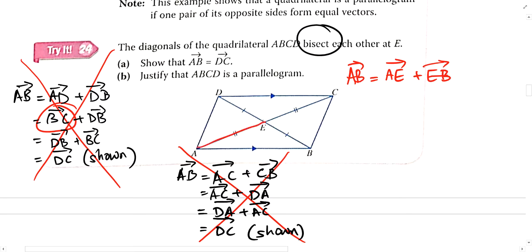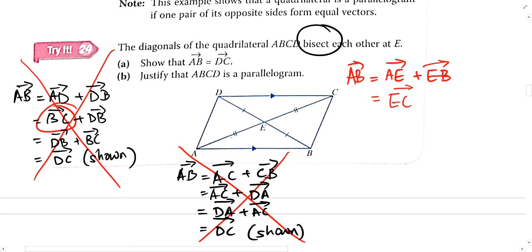So AE over here, I want to replace it with something else. Anything that can be replaced by. What will it be? EC. Yes, the order matters, because they are on the same line. It is a diagonal, and it is cut into two equal parts. So AE must be equal to EC.